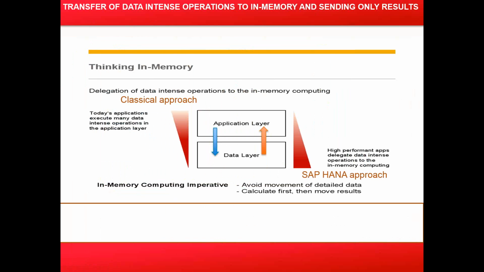All the changes that you would like to do in a traditional application layer will now be performed in the memory itself, which is much faster. So they don't have to go back and forth to the disk to fetch a huge amount of data. Earlier, when you wrote a select statement that ran for, say, 10 seconds, now it should run in 1 second or less than 1 second when you use HANA.